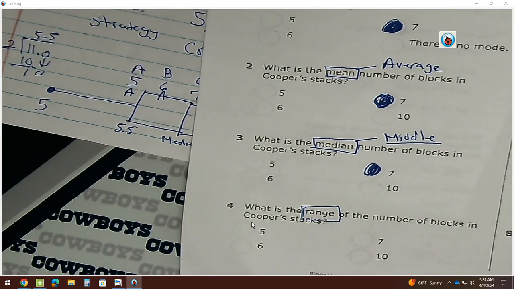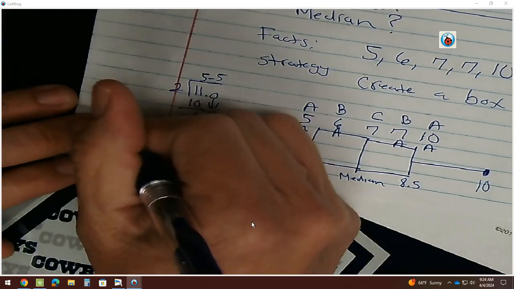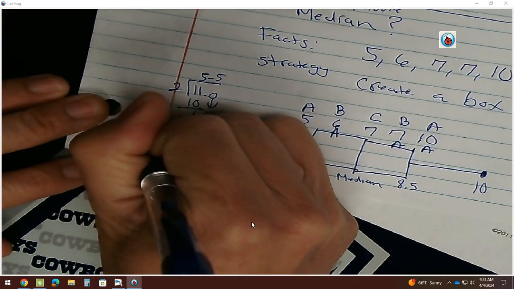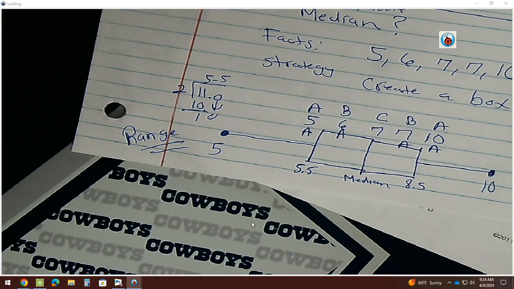I just talked about that. Who's going to help me again with the range? The box plot. Since we already drew it, I'm not going to make you draw it again. So this box plot is going to help me with a range. Okay? Put here range. The box plot will help me with a range also.